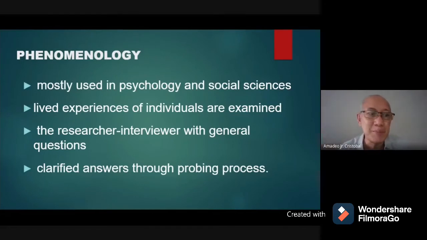You can see that paper if you like in Google Scholar: the needs, the challenges, as well as the coping mechanisms of the newly hired CPA instructors. And that is an example of phenomenology.